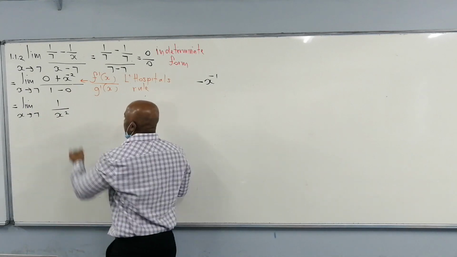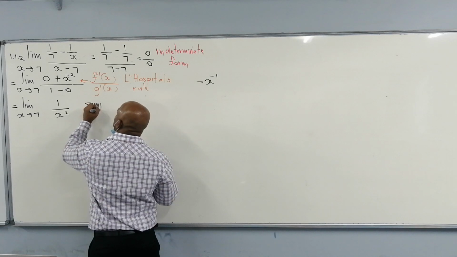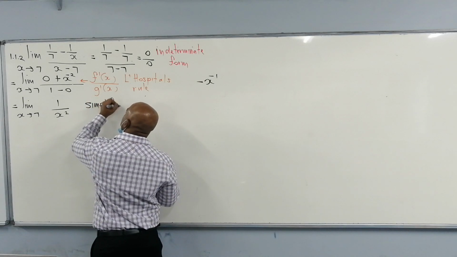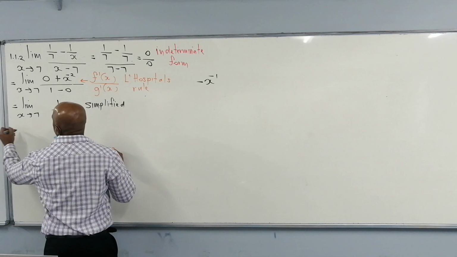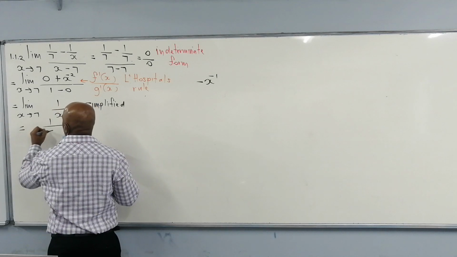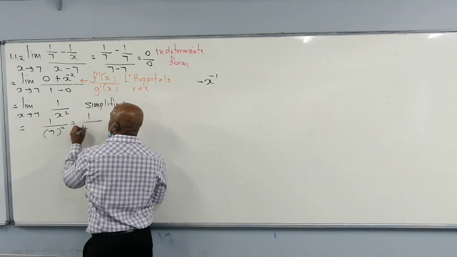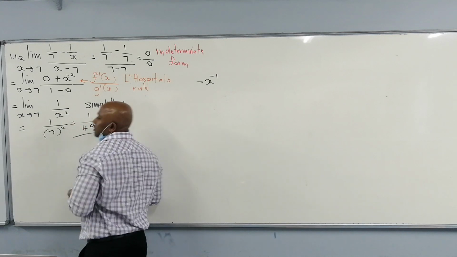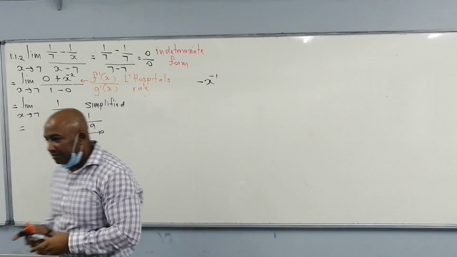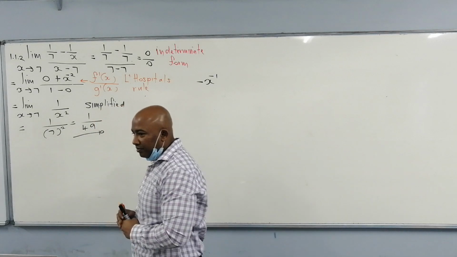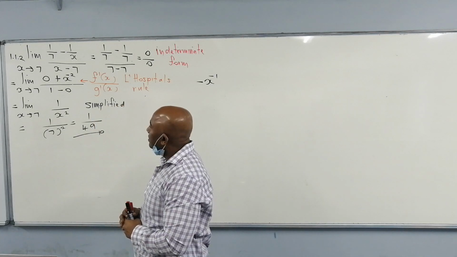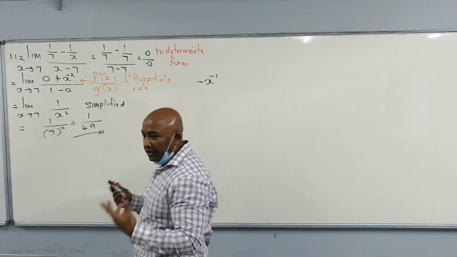So this is simplified. Now substitute. That's going to be 1 over 7 squared, which is 1 over 49. That's all. Yes. So I didn't differentiate, but I simplified and substituted. Yes, you can do it that way.